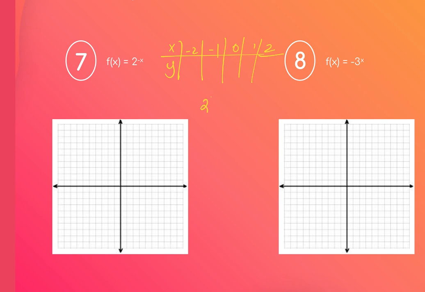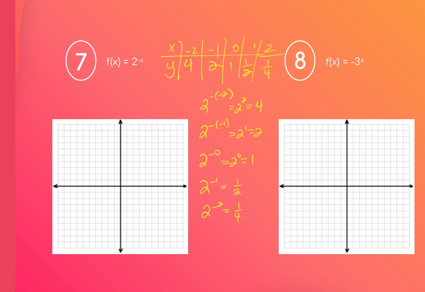So 2 to the -2 becomes 2 to the second, which is 4. 2 to the -1 becomes 2 to the first, which is 2. 2 to the 0 is 1. 2 to the -1, 1/2. And 2 to the -2, 1/4.